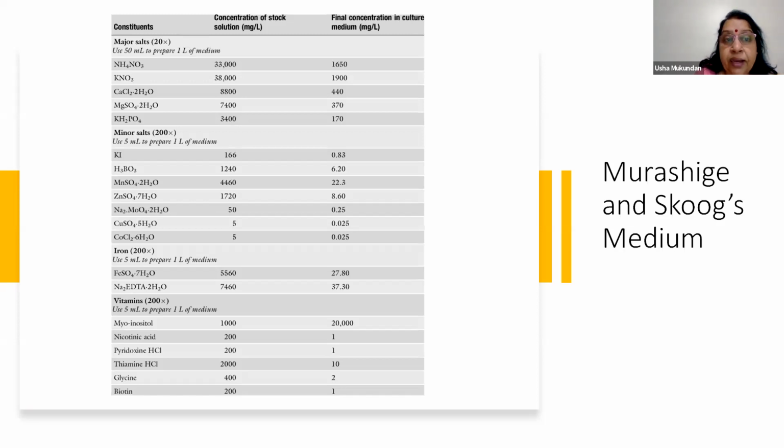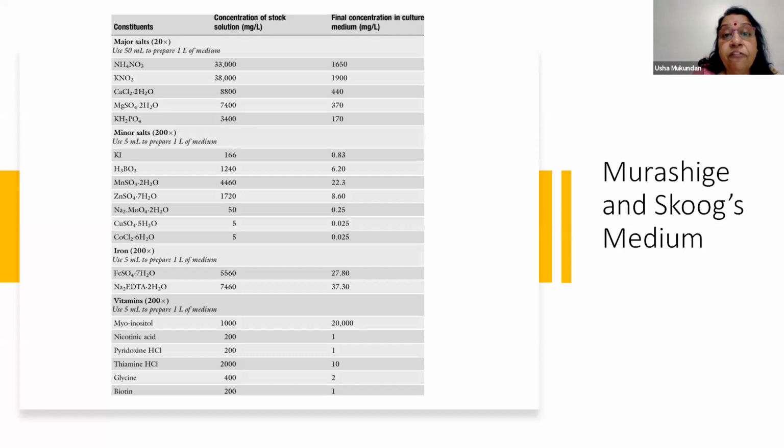Now please remember, this recipe is of Murashige and Skoog's medium. There are different culture media which have been proposed, and a plant tissue may respond well to a different culture medium. However, all culture media will contain macronutrients, micronutrients, iron, vitamins, and a source of carbon.